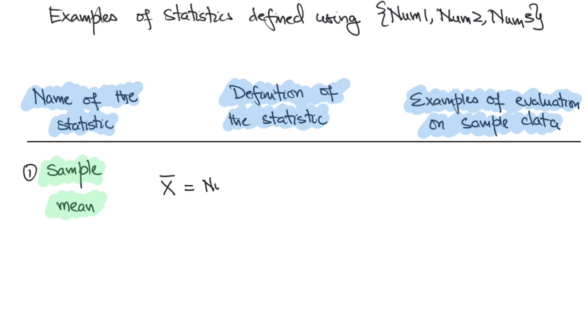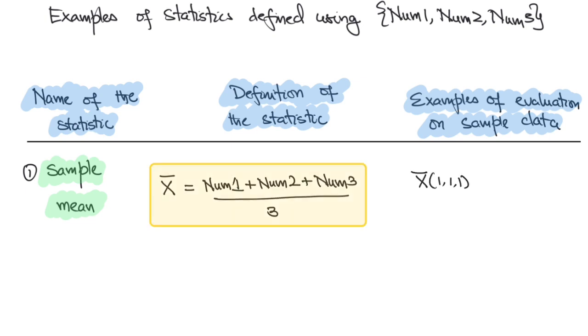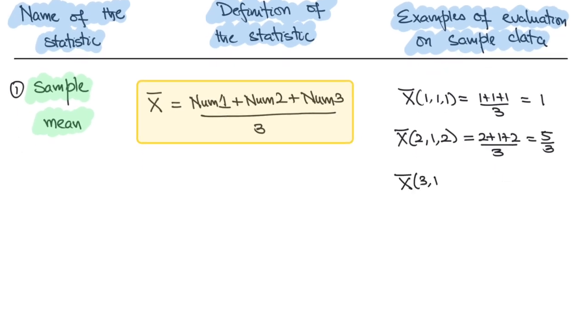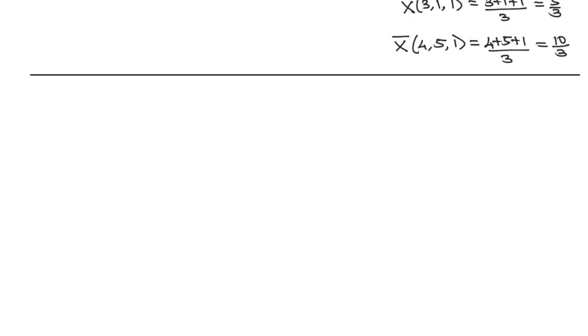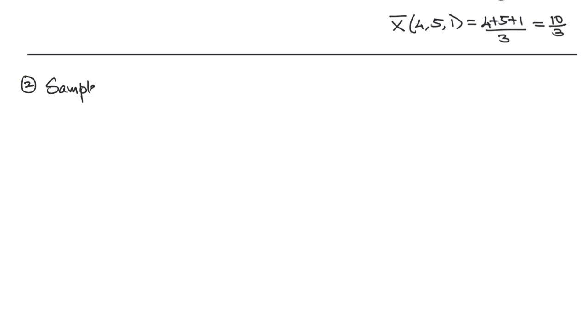The first statistic of interest is the sample mean, which is going to be the sum of num1, num2, num3 divided by 3. This is typically denoted by x bar, and it's easy to see that the sample mean evaluated on each of these sample data is going to give us the sample mean of the sample data. For example, x bar evaluated on 4, 5, and 1 is going to be 4 plus 5 plus 1 divided by 3, which is 10 divided by 3.